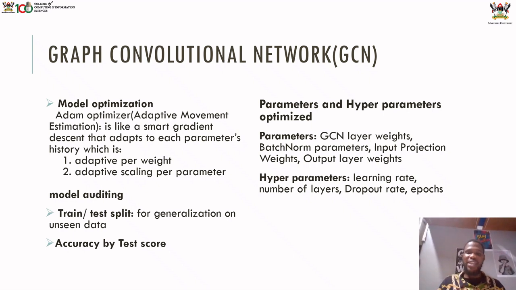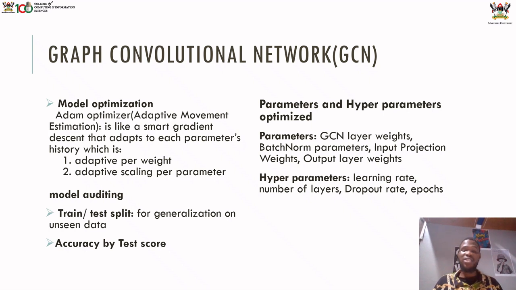And then parameters and hyperparameters. We have the GCN layer weights, the batch norm parameters, the input projection weights, the output layer weights. Then the hyperparameters, we have the learning rate, and of course you need to know the definitions of these. Parameters are things that the model learns as it encounters the data. The hyperparameters are the things we set ourselves.